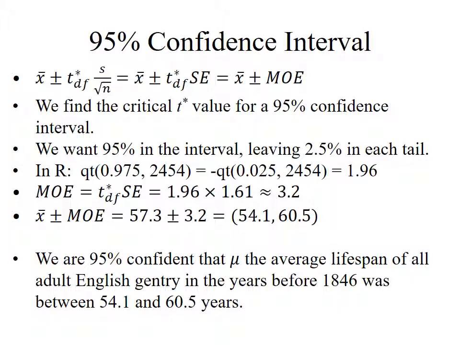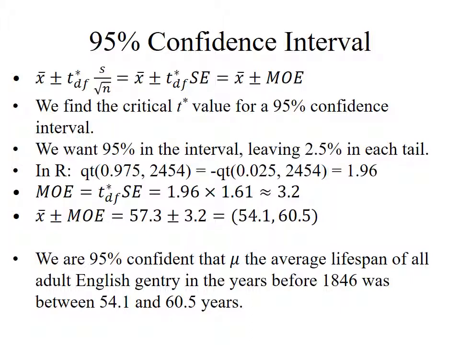Our degrees of freedom are 2,454, and that will give us exactly the same thing as what we would get if we did minus qt of 0.025, 2454. So if we leave 2.5% in the left tail, both will give me the same result. It's 1.96, which is about what we would get from the normal distribution, because we have a pretty large sample size here. So this comes pretty close to converging to the normal distribution.